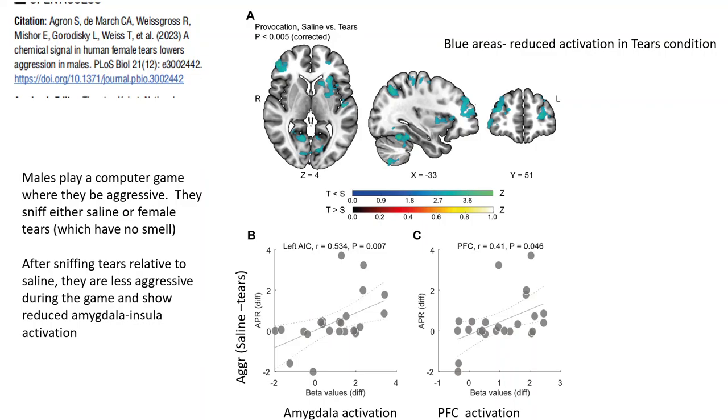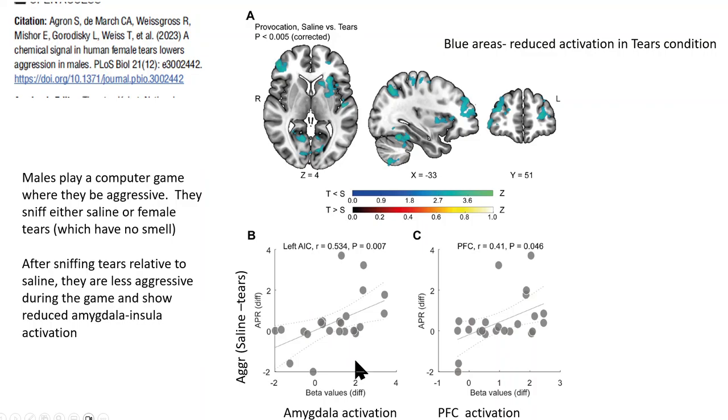Now, in the saline, the tears have no smell. They removed the salty smell that may be in tears at times. And the particular chemical that stimulates the olfactory bulb does not produce any conscious sense of smelling when it's stimulated. So what happens? When these males sniff the tears, they are less aggressive and show reduced amygdala insula activation. So there you see right here, the amygdala insula area, it is particularly reduced in activation, all right?